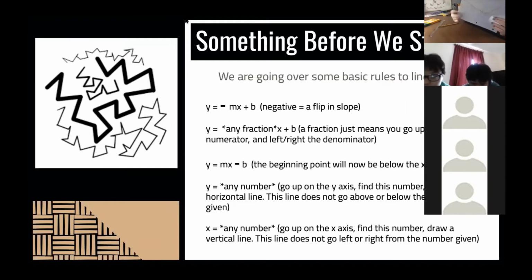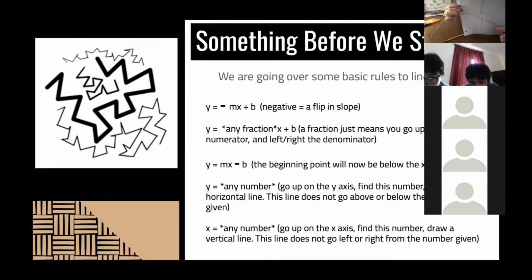Again, I'll fold it up one more time. This is what your graph should look like right now on your graphing paper. And I'm just going to explain one more time, just in case you're having trouble with the slope, what a fraction does.